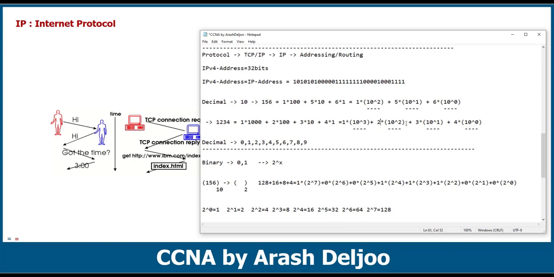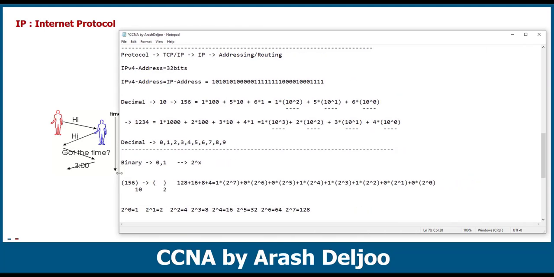Here it is 1, 2, 3, 4. Here we also need to use the factors of the power of twos. For example, here we have 1, the first factor, and the next is 0. After that, the next is 0, then 1, then 1, then 1, 0, 0. Okay, this is the binary value of the 156.